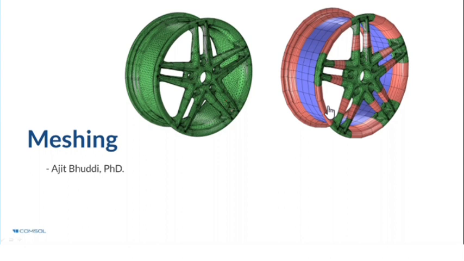Before we move ahead, I hope you have all gone through the Learning Center links which we shared with you before the training course. If you have not, I'm going to give you a short recap of the meshing part, and then we will move to some problem solving.